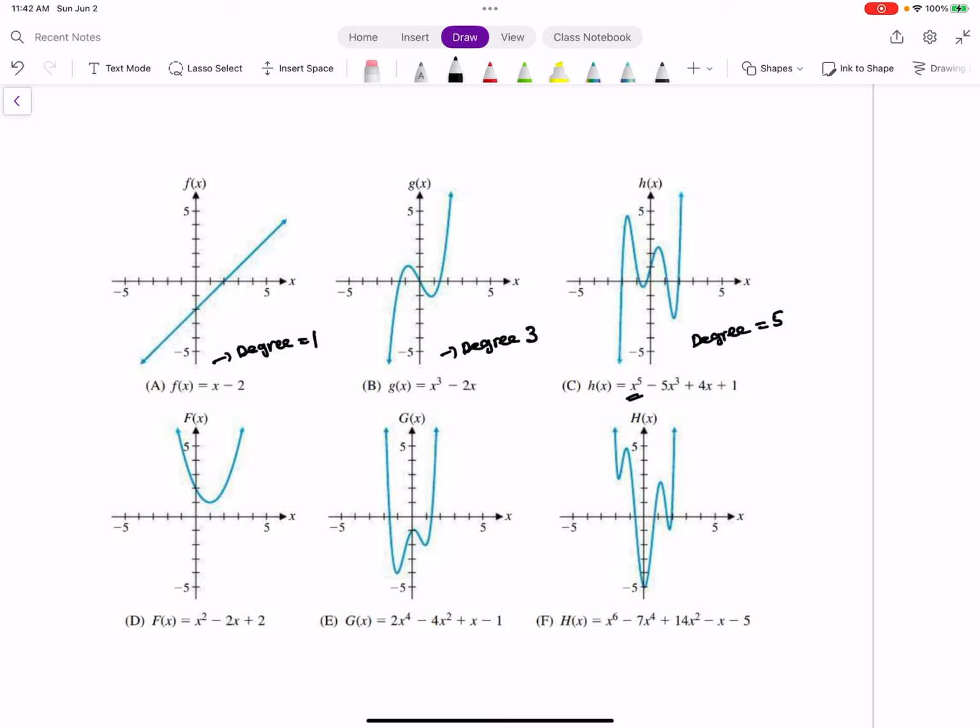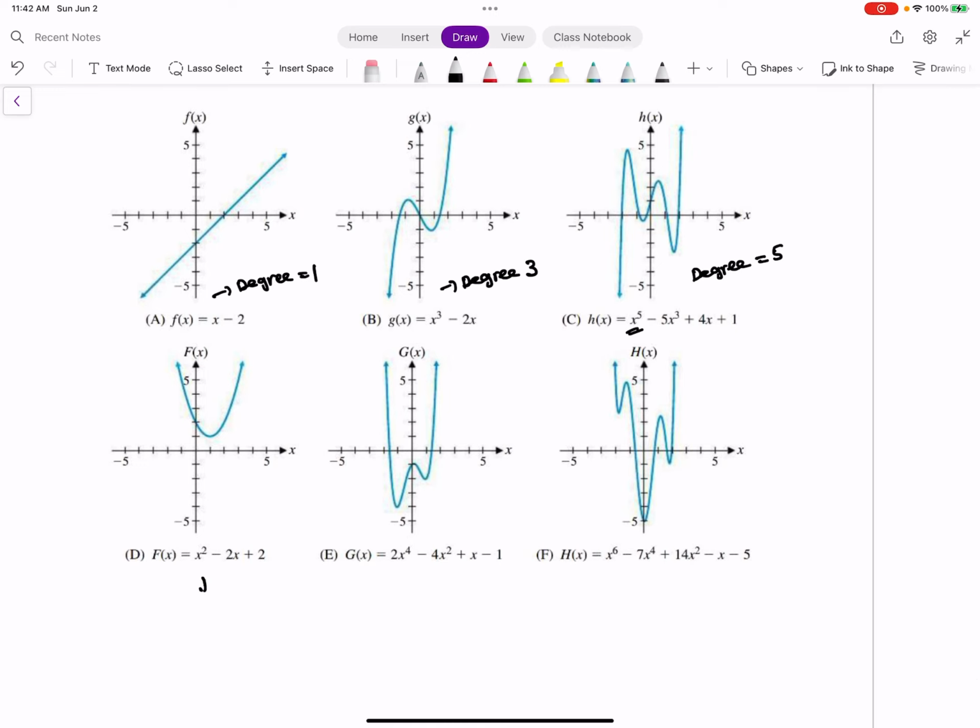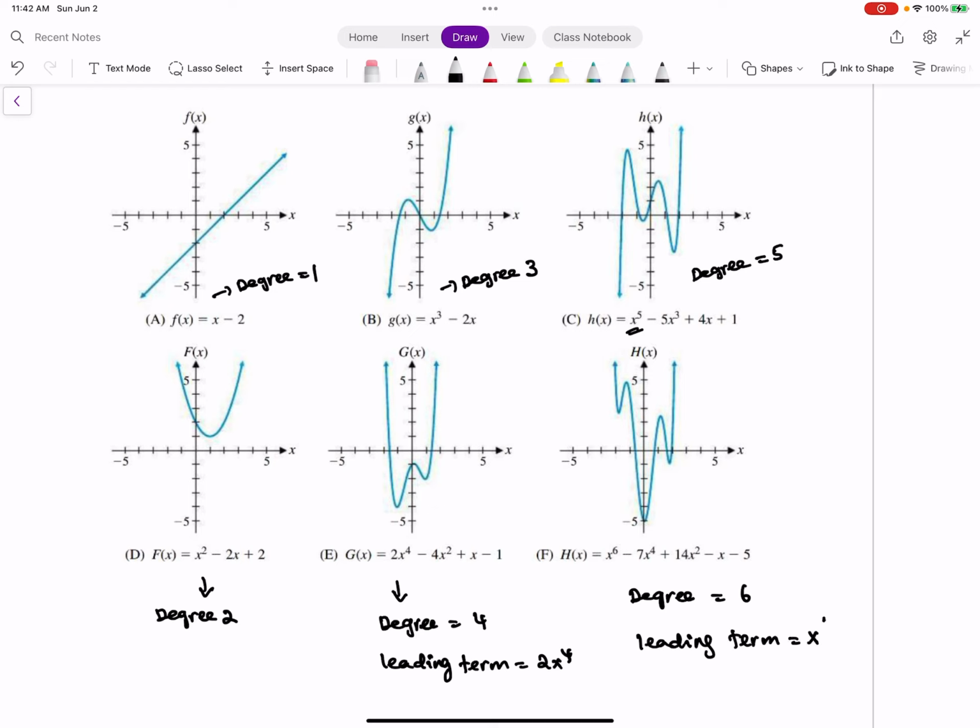And this one is a quadratic, which has degree 2. If you look at this one, the degree is 4, and the leading term is 2x to the 4th. And this one is a polynomial of degree 6, and the leading term is x to the 6th.